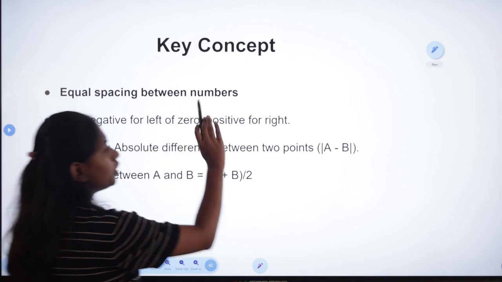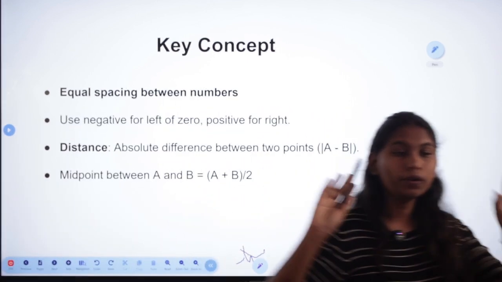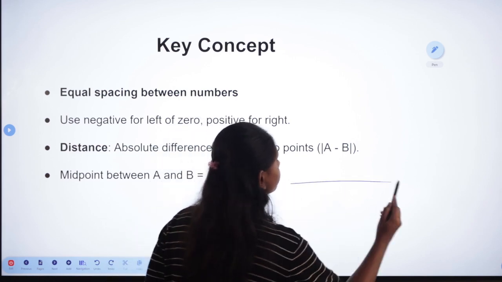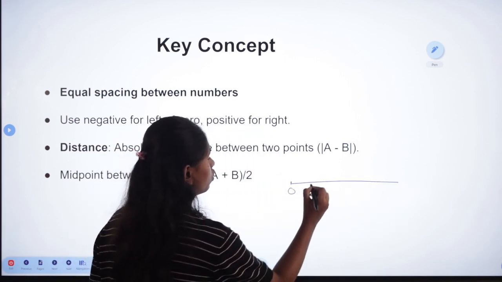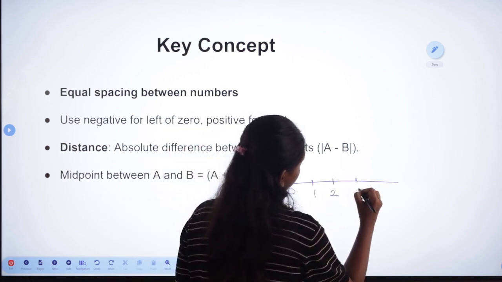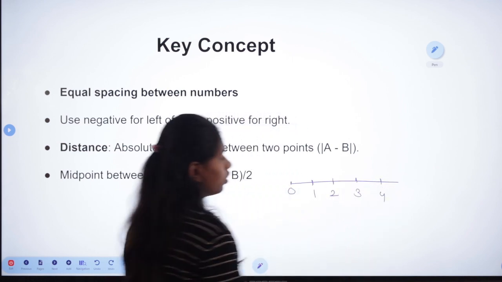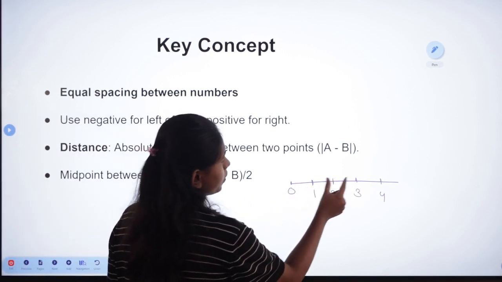Equal spacing between numbers on the number line. Now there should be equal spacing between 2 points. Suppose here is 0, 1, 2, 3, 4. Now there is equal spacing.